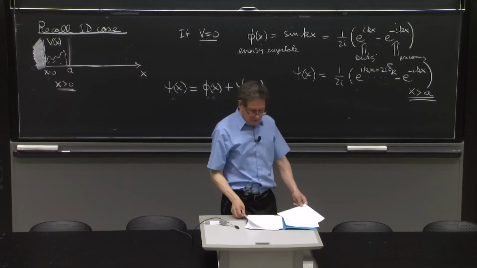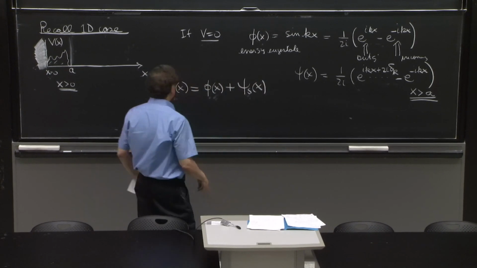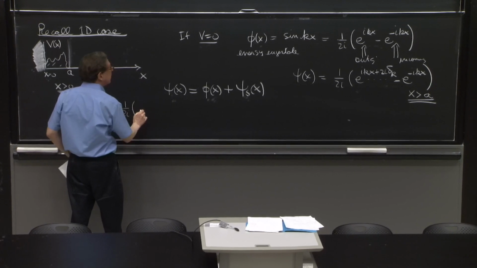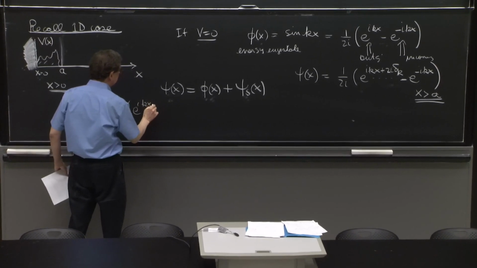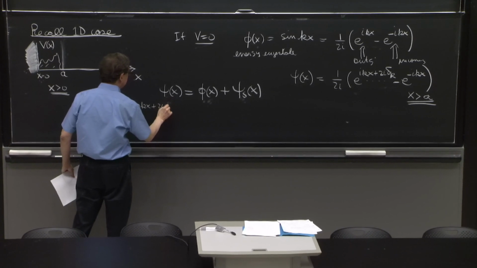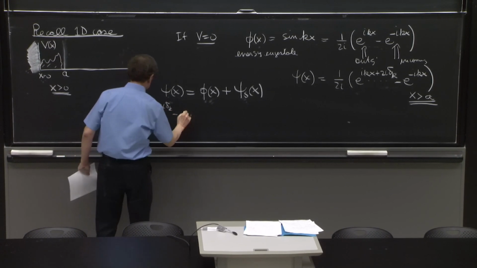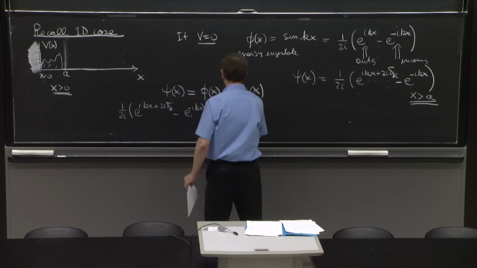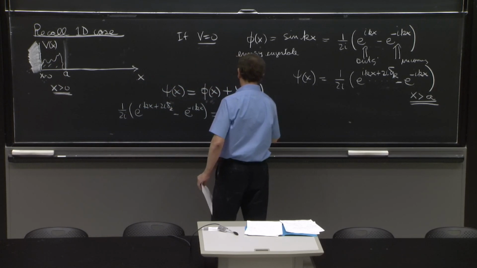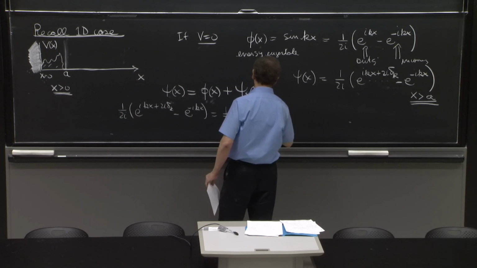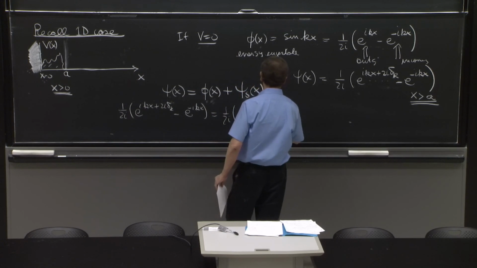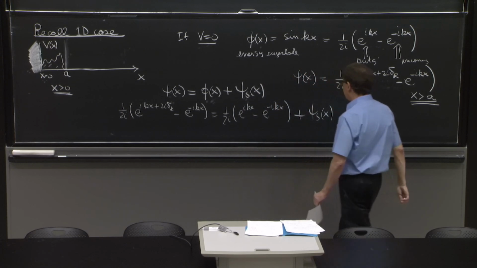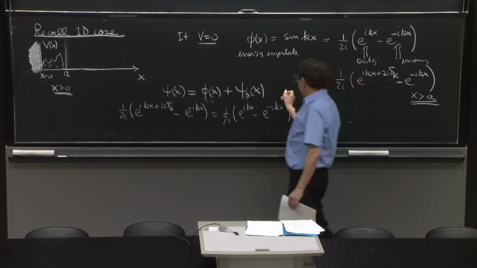The scattered wave. So in this equation, we have 1 over 2I times e to the I kx plus 2I delta k minus e to the minus I kx is equal to 1 over 2I times e to the I kx minus e to the minus I kx plus psi s of x. Well, these two terms cancel.